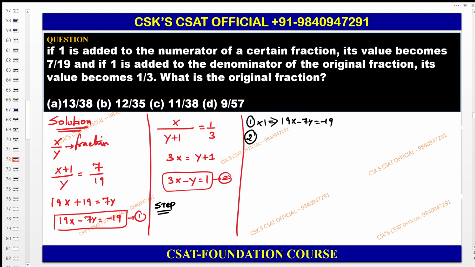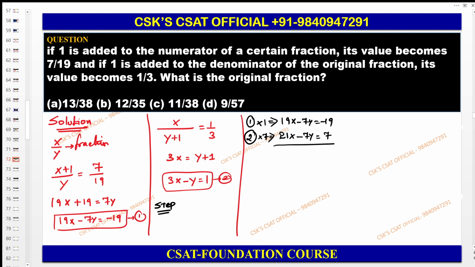In the second equation, we need to make the coefficient of y as 7y. So throughout the second equation, we have to multiply by 7. Throughout the equation means you have to multiply the 3 also. So 21x minus 7y is equal to 7. Why 7? 1 into 7.